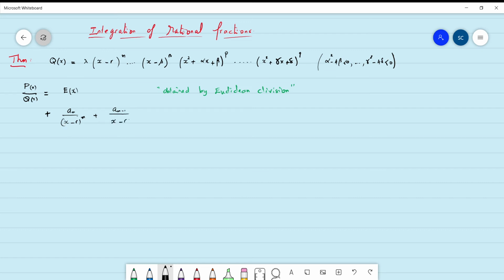We decrease the degree by 1, and continue up to e_1 over x minus r, degree 1.